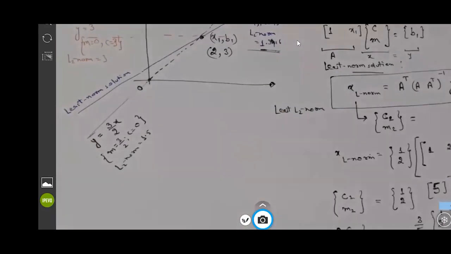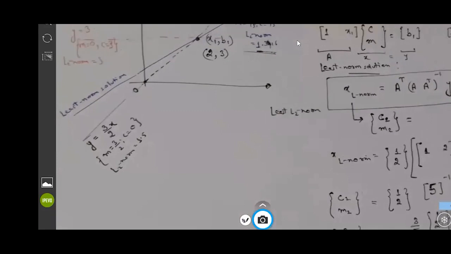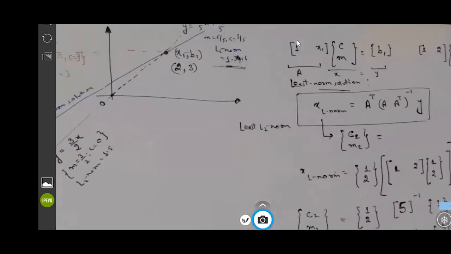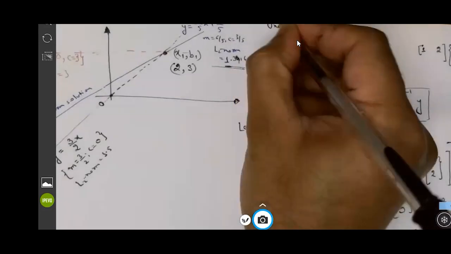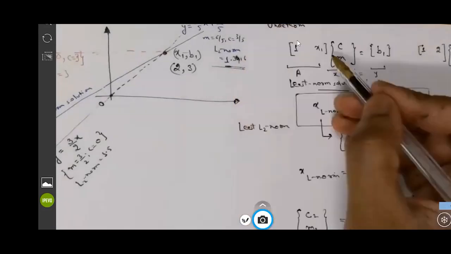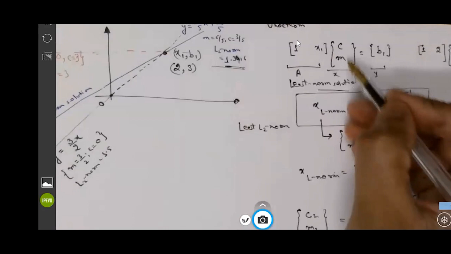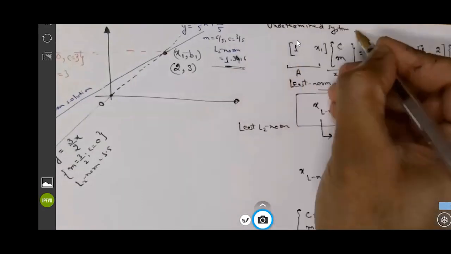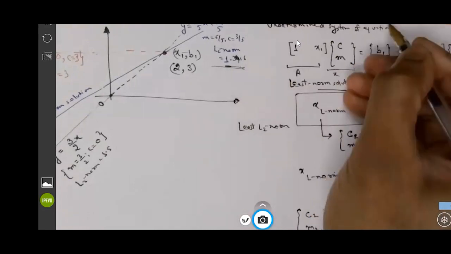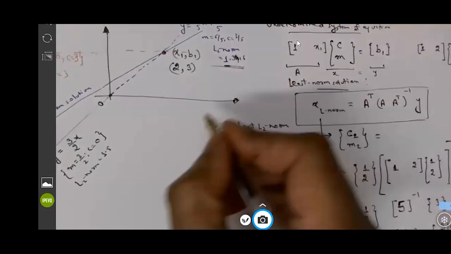So if somebody asks, can you solve an underdetermined system of equations? Underdetermined means that you have fewer equations and more unknowns. Then your answer would be, first, there are infinite possibilities.